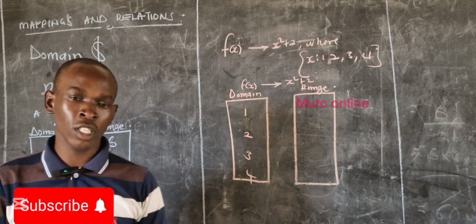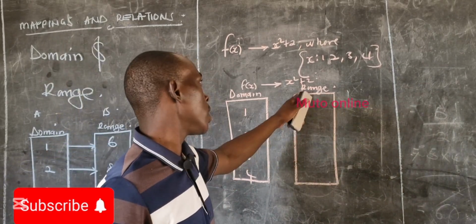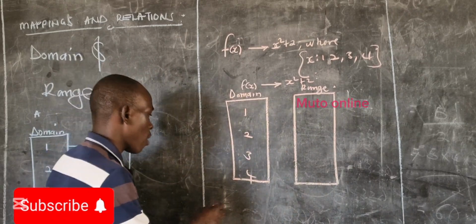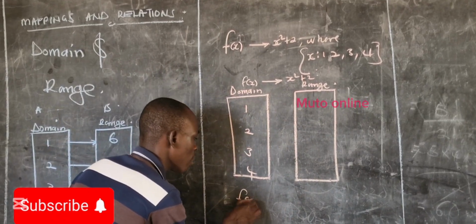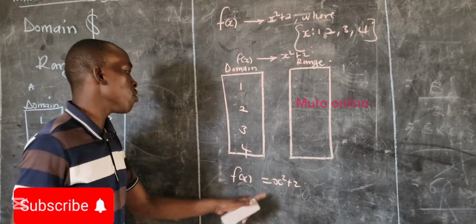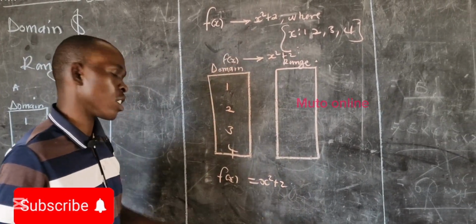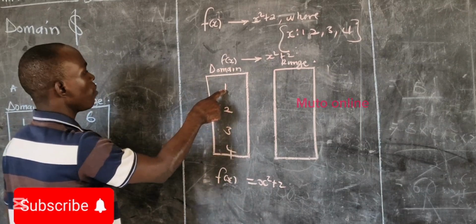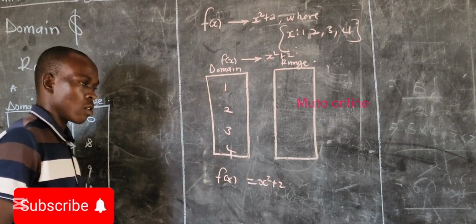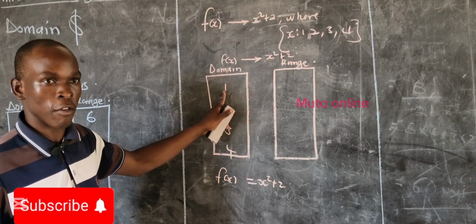Under this, we shall have a simple calculation just down here, and we get the values for the range. To begin with, I will write the function: f of x is equal to x squared plus 2, replacing this arrow with equal signs. Now, if f of x is defined by that, we can take x to be 1 as our first x.